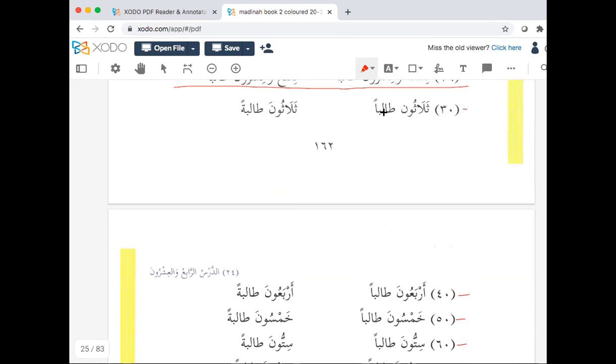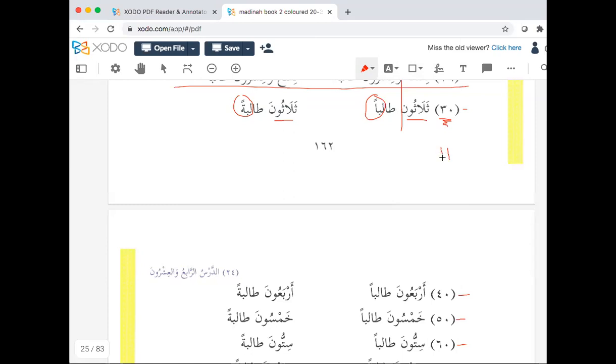So you notice here the adad in both Mudhakkar and Mu'annath, it didn't change. It stays the same. So Jam' Mudhakkar Salim, all of these numbers, the tens, they're called al-uqud, because al-iqd means 10.